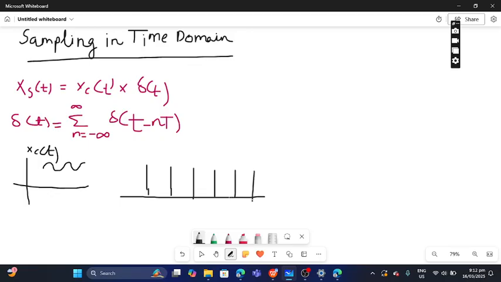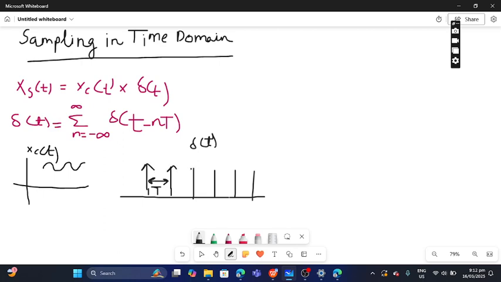You have a gap of T. It is your delta of t.